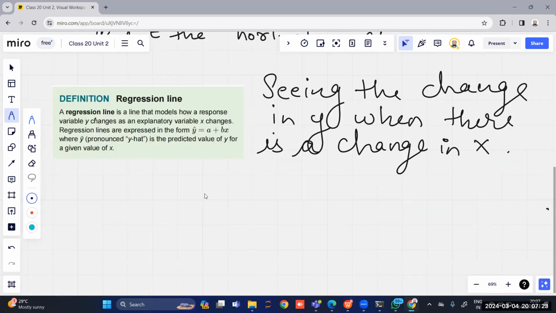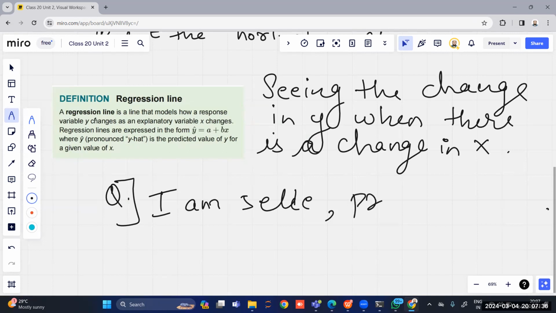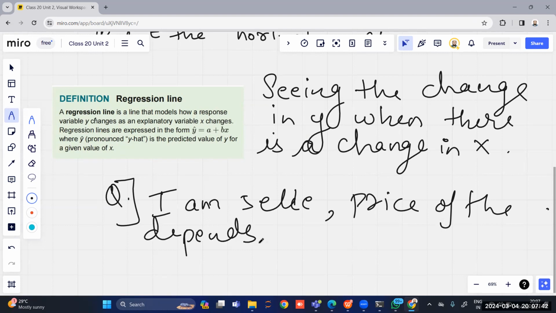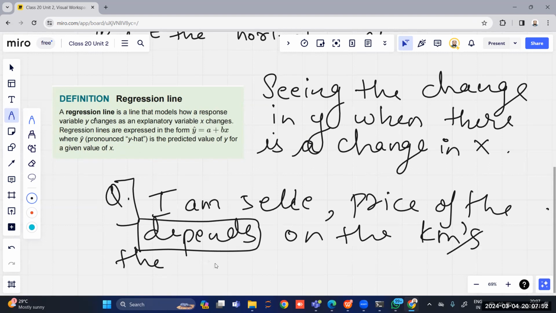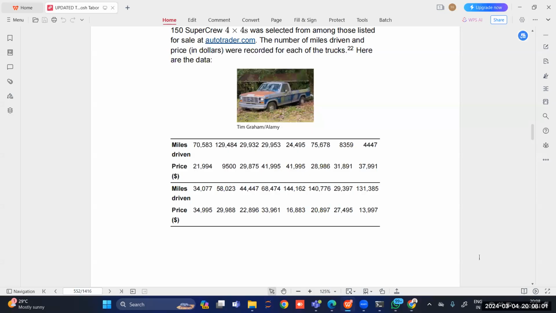I'll manipulate the question a little: I am a seller, and the price of the car depends on the kilometers the car has been driven. Okay. So here it is all about the data.